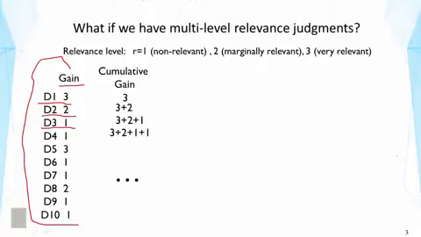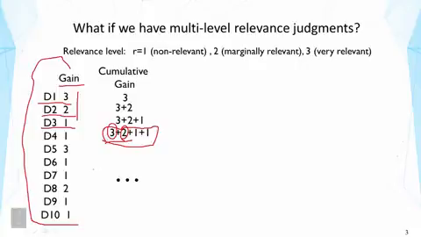So for example, looking at this sum here, we only know there is one highly relevant document, one marginally relevant document, 2 non-relevant documents. We don't really care where they are ranked. Ideally, we want these 2 to be ranked on the top, which is the case here. But how can we capture that intuition?